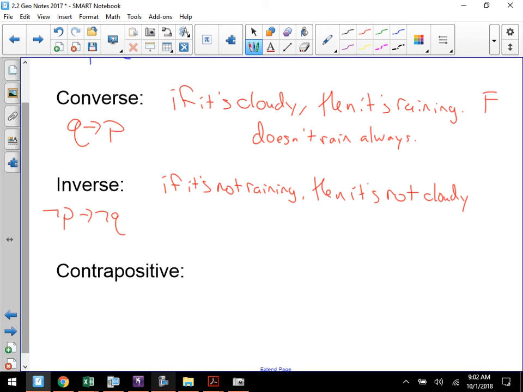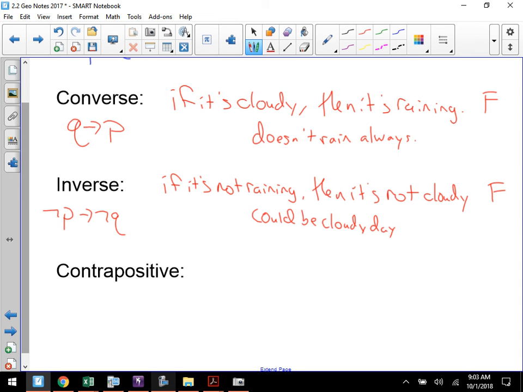That's also false. If it's not raining, then it's not cloudy. That's also false. It could just be cloudy out. It could just be a cloudy day. It's plain and simple. Like I said, I'm trying to come up with something that's really, really easy to work with.